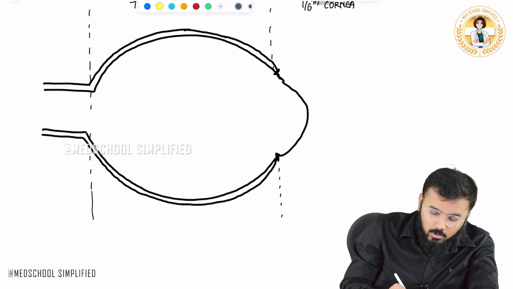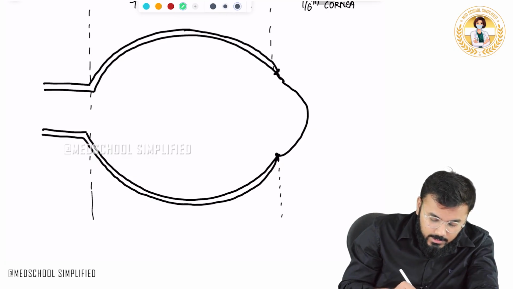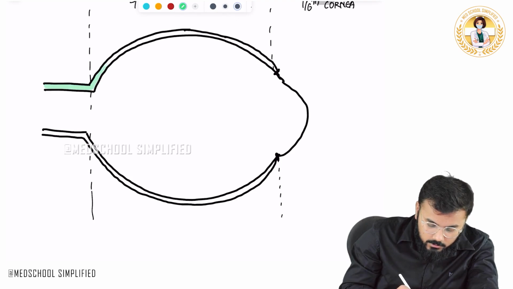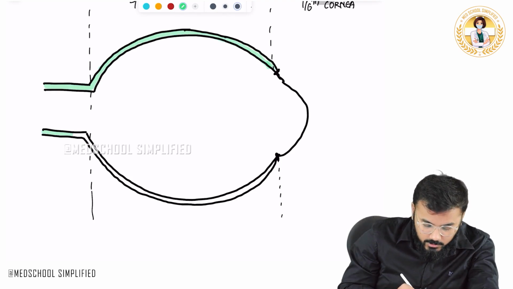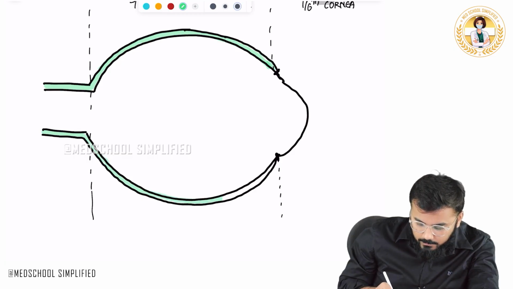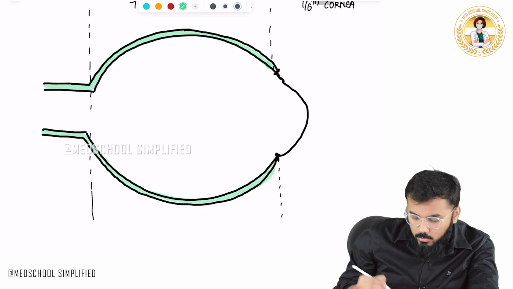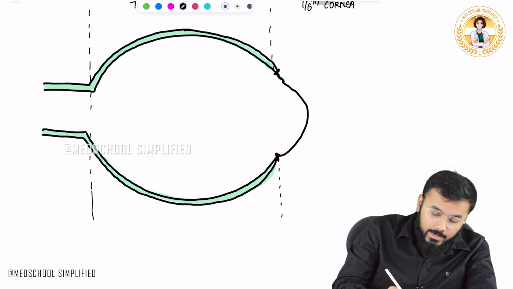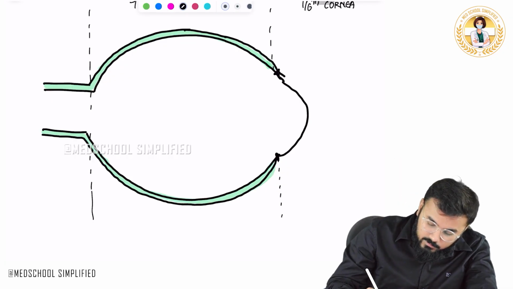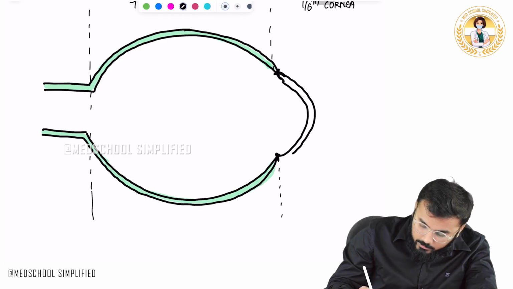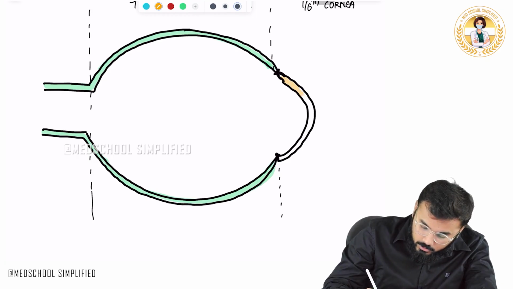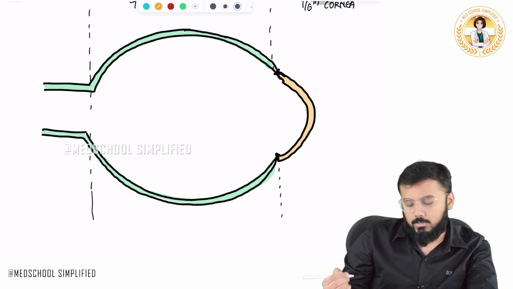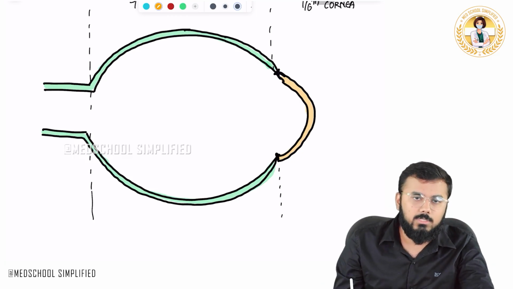This green color shaded region, whatever I'm doing right now, is called as your sclera. And next, the anterior part is called as your cornea. So this is your cornea and the outer part is called as your sclera.